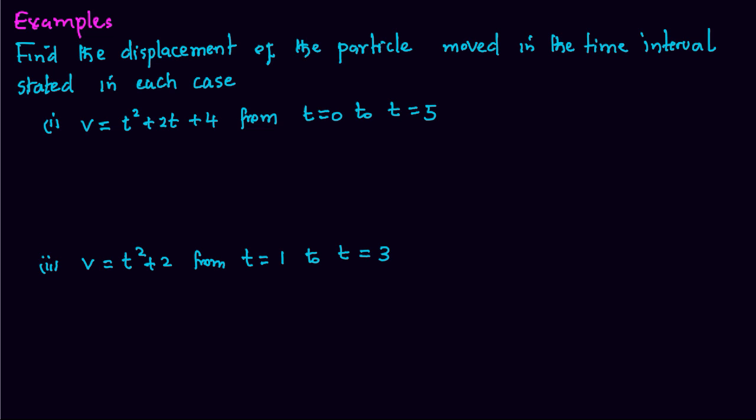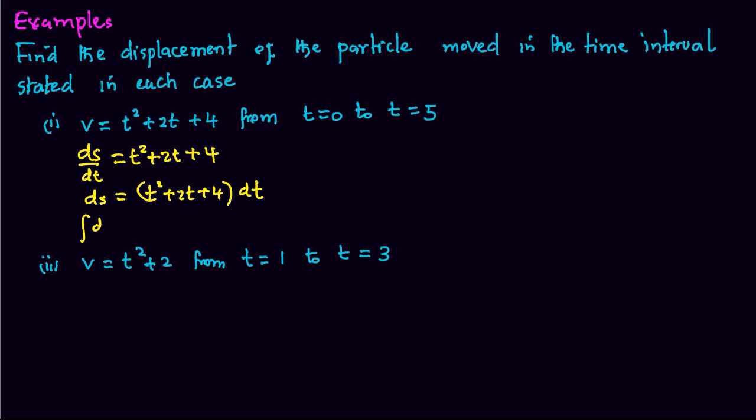Because we want displacement, we write v in terms of displacement and time, so that ds over dt is equal to t squared plus 2t plus 4. ds will therefore be equal to t squared plus 2t plus 4 dt.